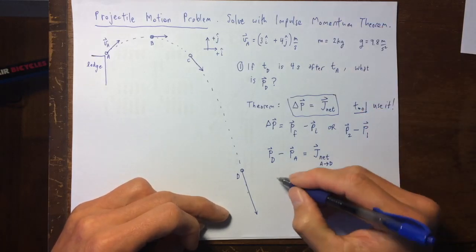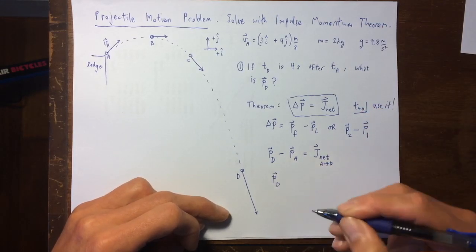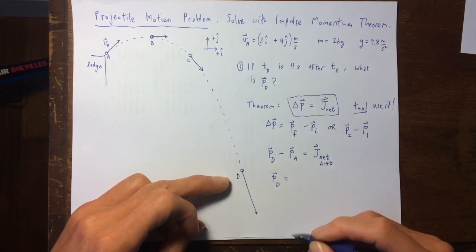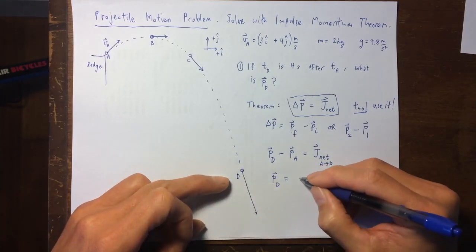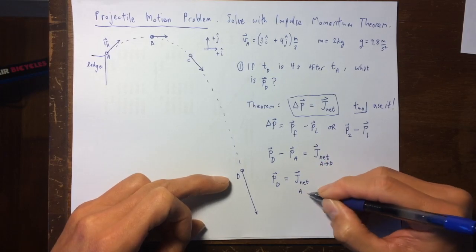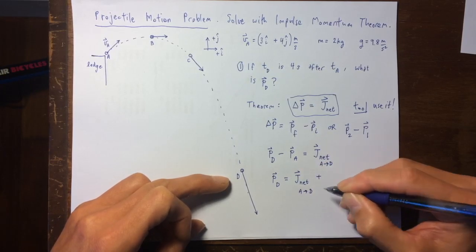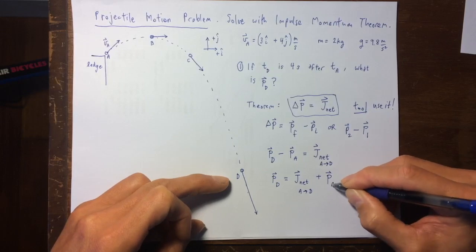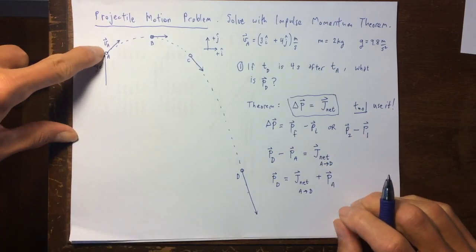And so far, what I've got is the momentum at time D, or position D, is the net impulse from A to D plus the momentum at A.